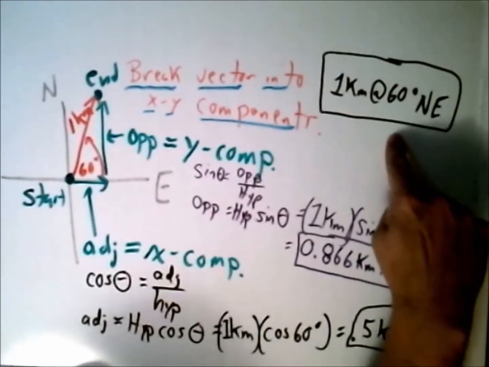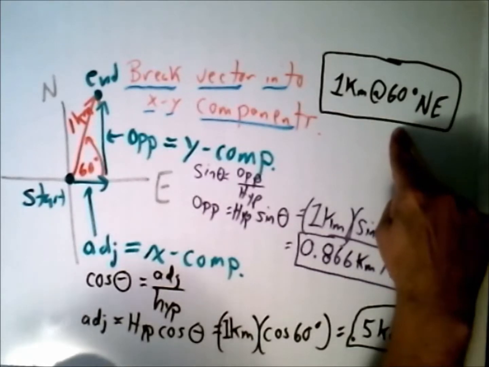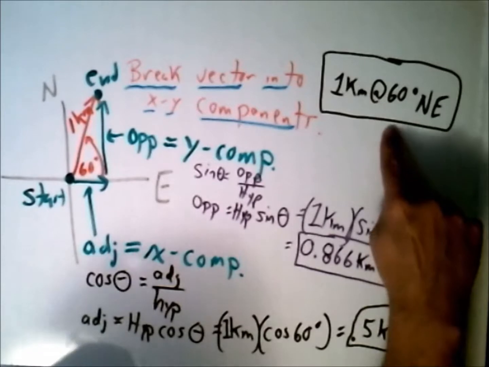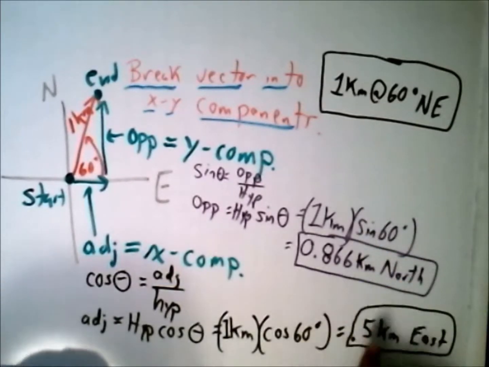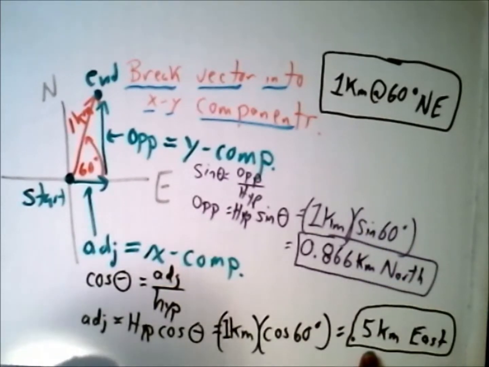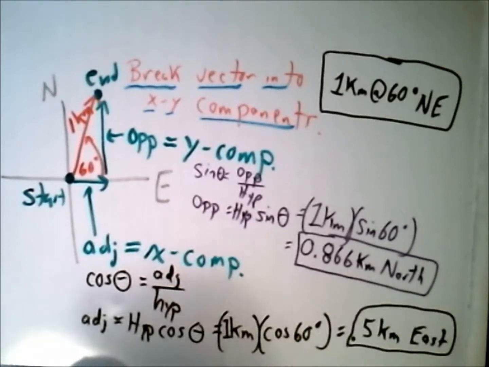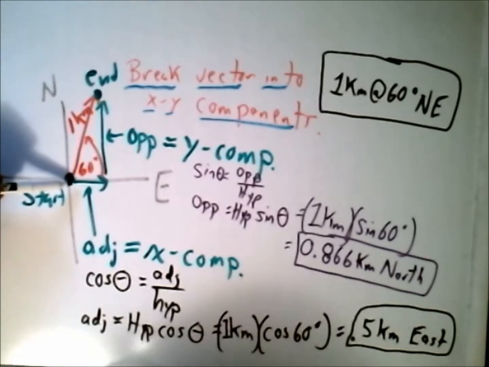That's our vector. And if I want to break that vector down, then I have to find the x and the y components. I have to find out something that's equivalent. So if I took this vector, 0.5 kilometers east, and I take this vector, 0.866 kilometers north, I get the exact same thing. So you see, here, if you look at the green vectors, we could add them tip to tail.